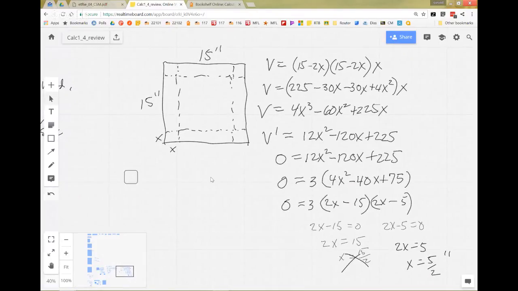So there's another box problem. Another request. Everybody's had a look at that.